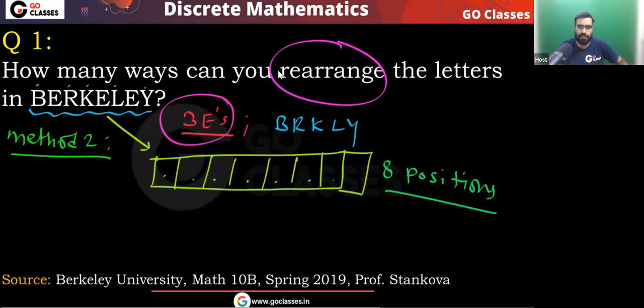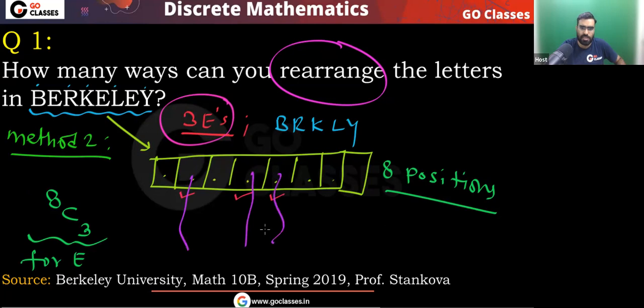And how many positions do we need for E? There are 3 positions for E. So from these 8 positions, you can select 3 positions for E. For example, if I select this position, this position, this position, now after selecting these 3 positions, how many ways can I put the E's?